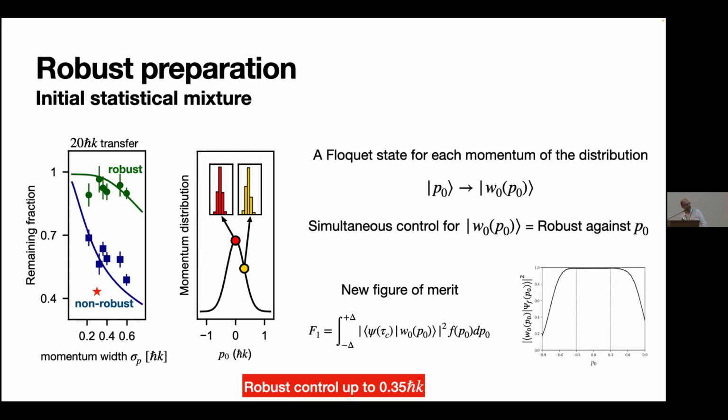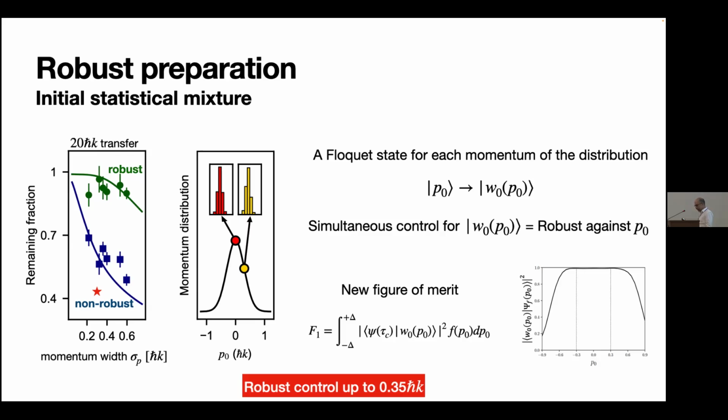So for that they tried a new figure of merit which integrates all the momentum states. And actually on this simulation, you can see that for a quite broad distribution between 0.6 and minus 0.6 h-bar-k, you have a perfect preparation of the Floquet state. So we have implemented that on the experiment, and we found for the same temperature something which is almost perfect.